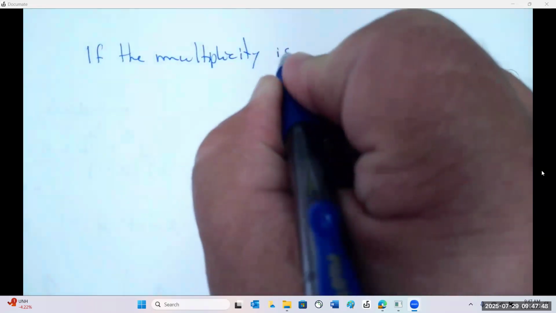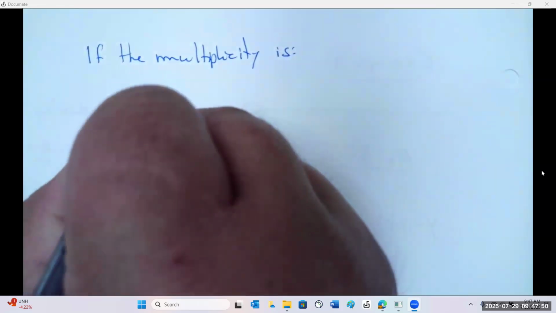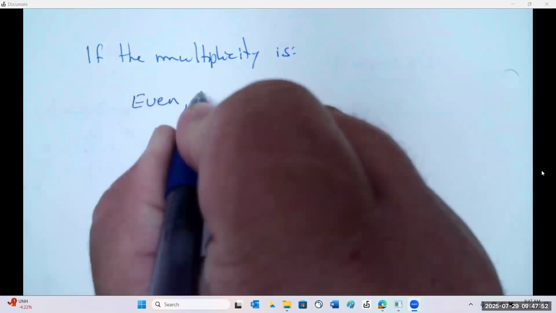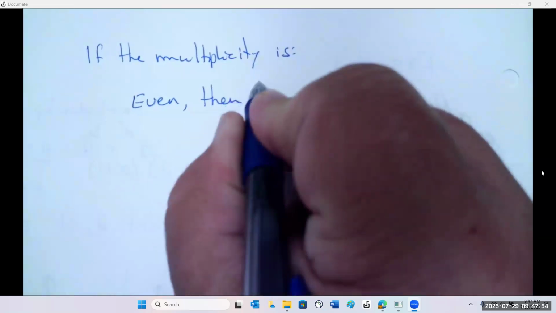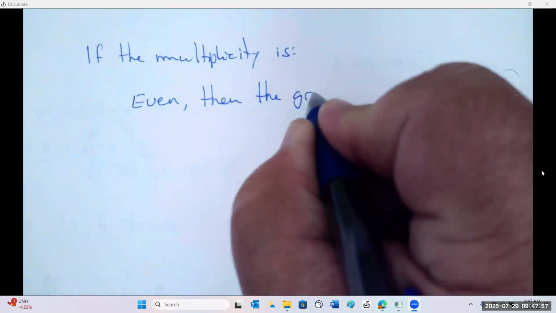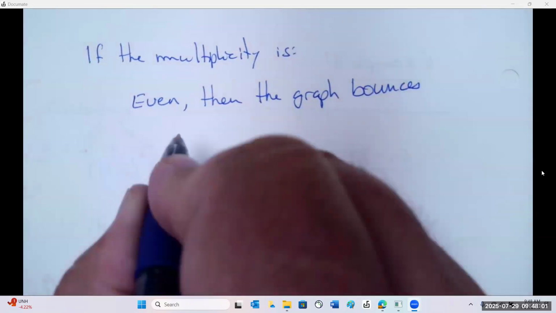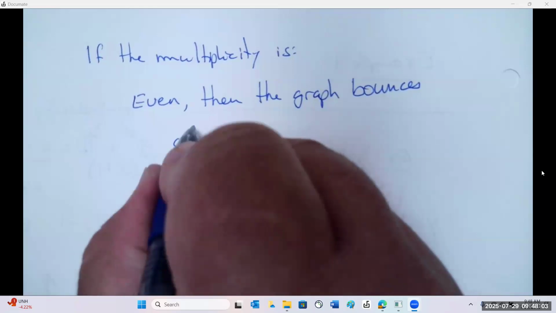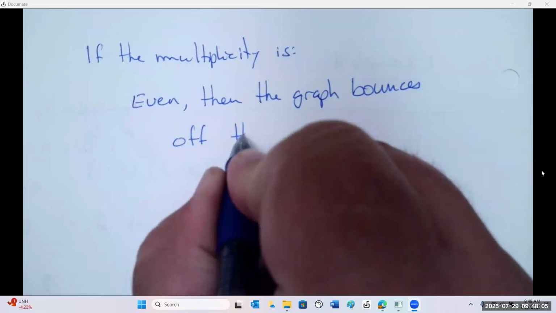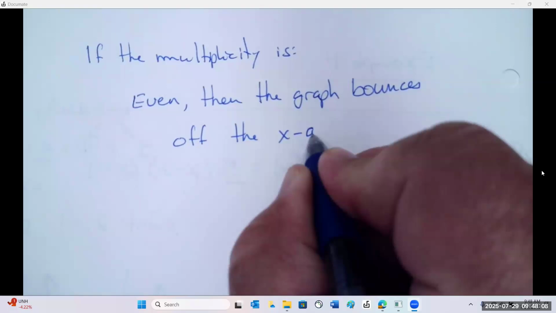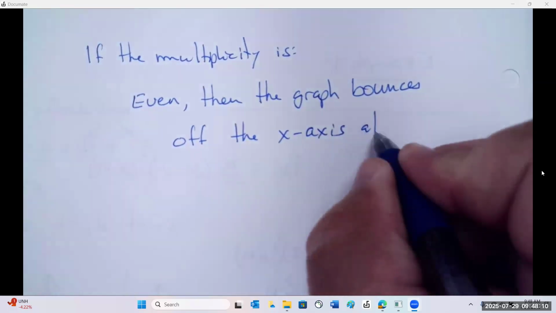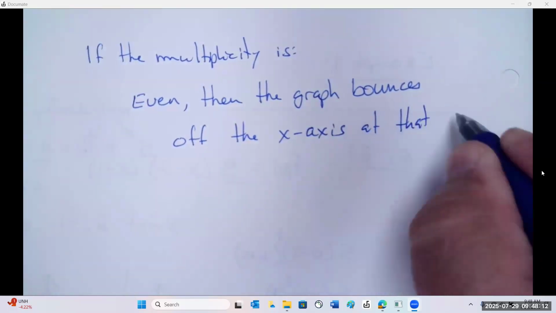If the multiplicity is even, then the graph bounces off the x-axis at that zero.